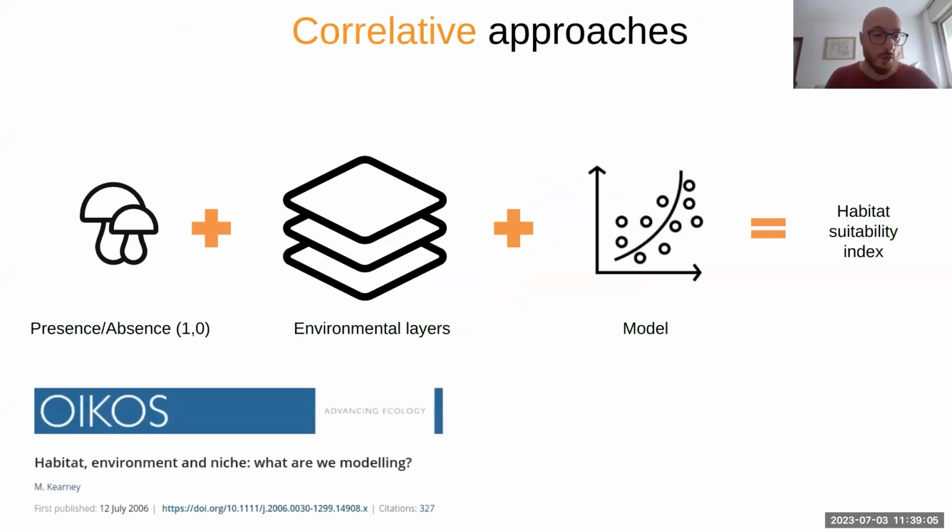And to do so, we usually collect presence and absence, and most likely presence and background points of pseudo-absences, and we link them to environmental conditions. And then we use this information to inform and train an algorithm that will give us as an output the probability of finding these species under different environmental conditions.